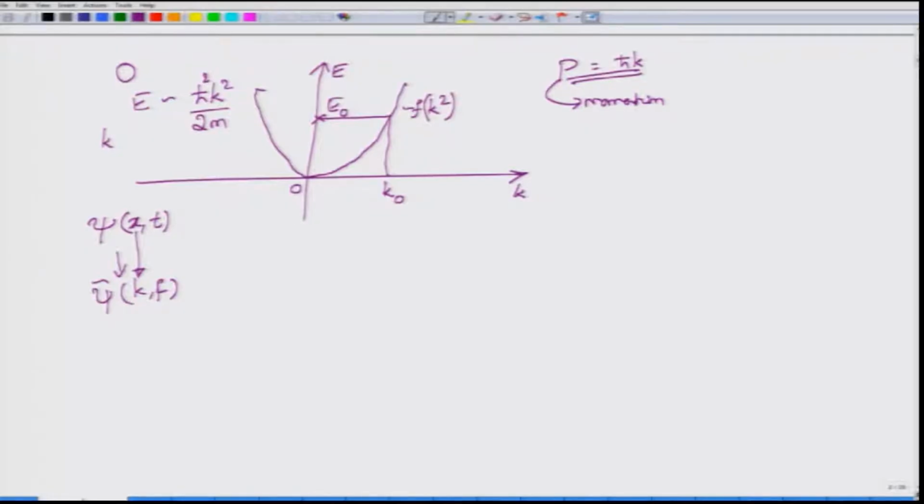Now, this picture unfortunately breaks down when you go to a solid. So, that was for the free space condition, or when there is only one atom in the whole universe. Here in a solid, unfortunately you have so many atoms which are close by, and these atoms in turn talk to each other. Okay.